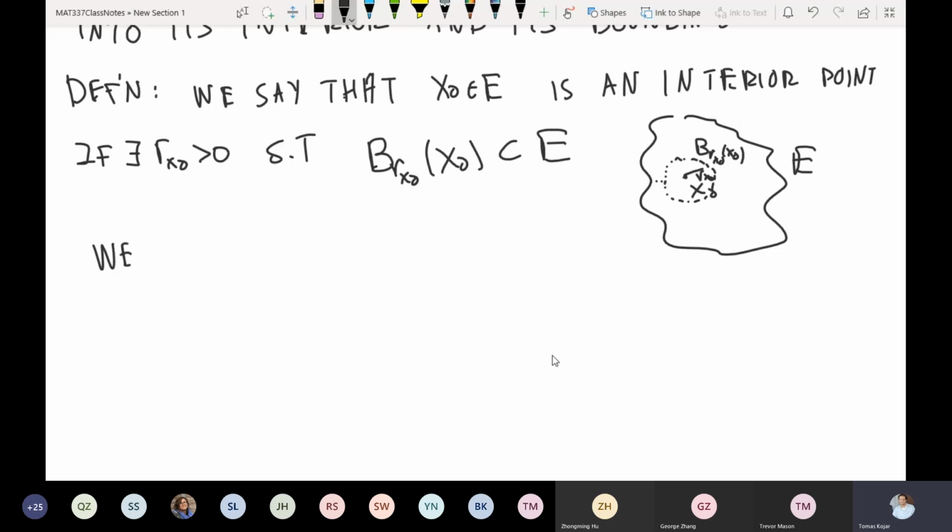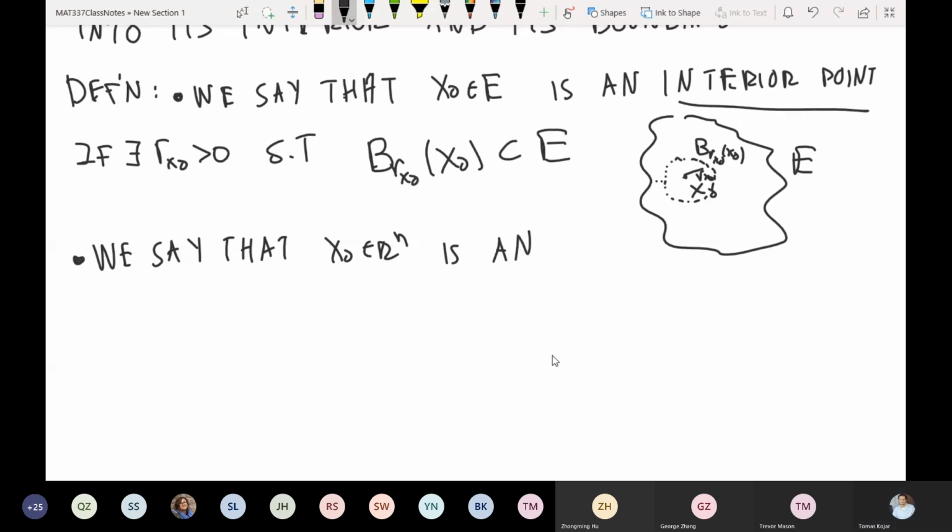We say that, so that's one. x naught in R^n is an exterior point if the reverse.